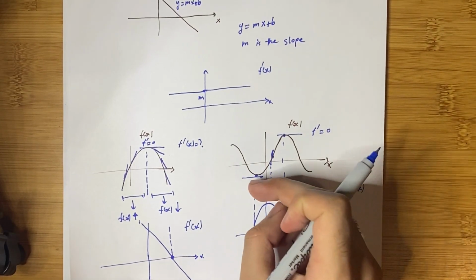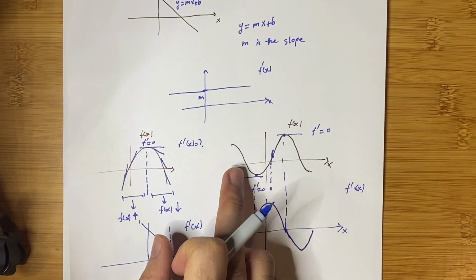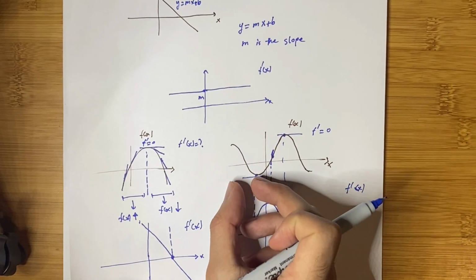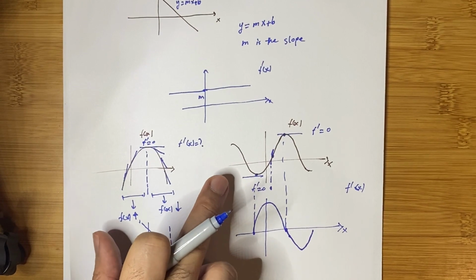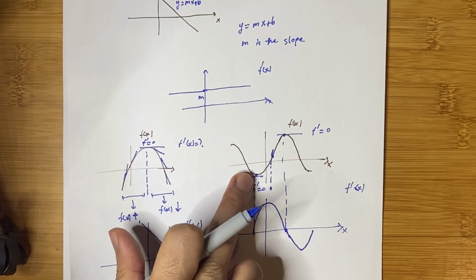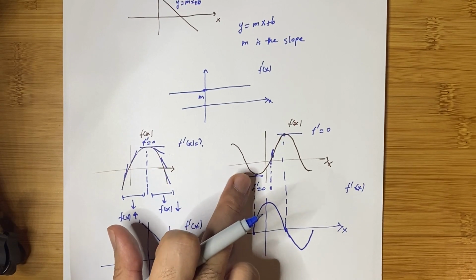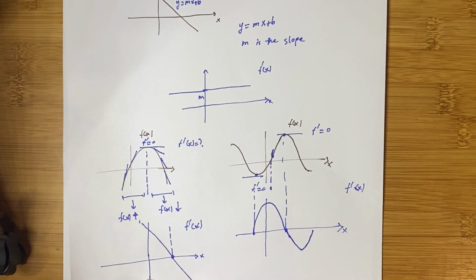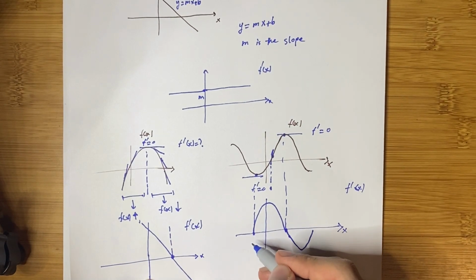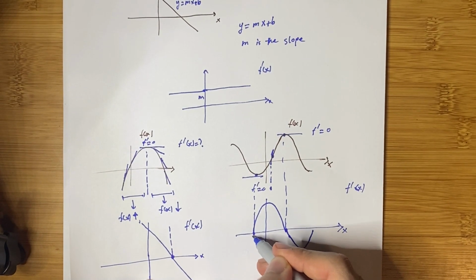And then from here to here, always reading from right to left, this is decreasing, this is negative, so f prime will be negative, which will translate to something like this.